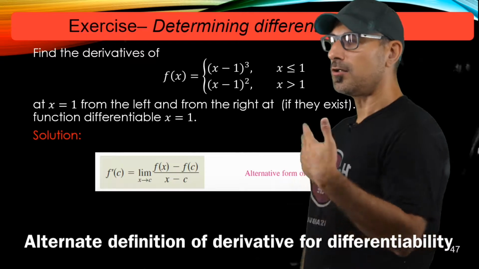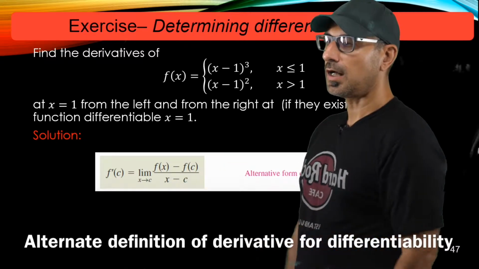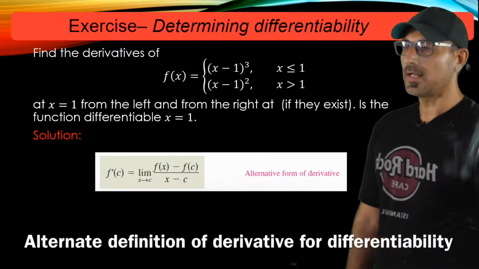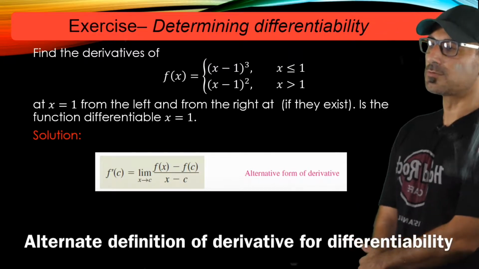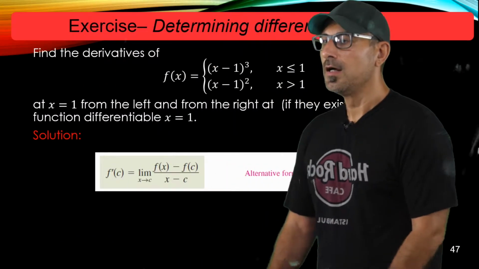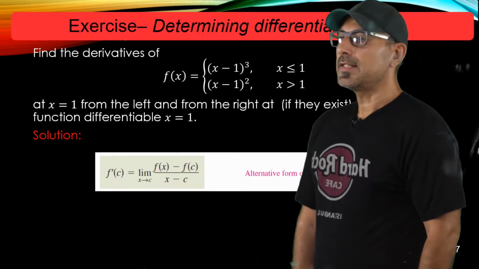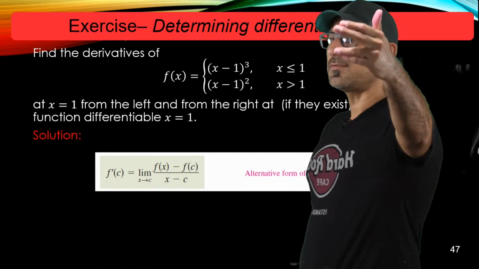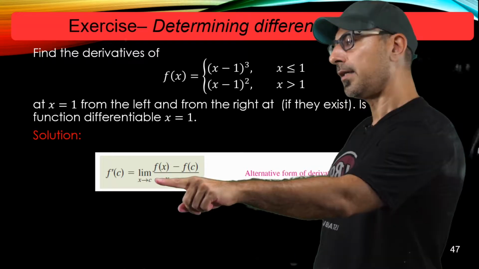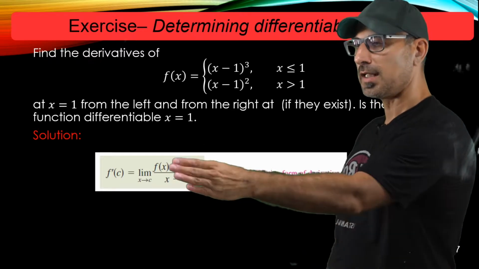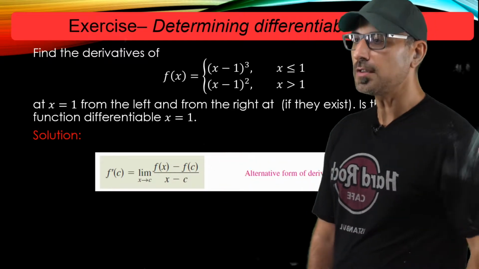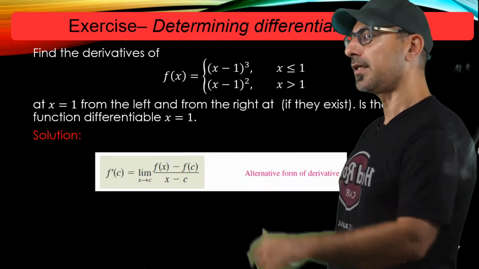But alternatively, you can use this limit expression as the derivative of the function. Here, since on the left and on the right the function description is different, we're going to look at this limit from the left and from the right, and if both limits are equal, then we're going to say that this limit exists.